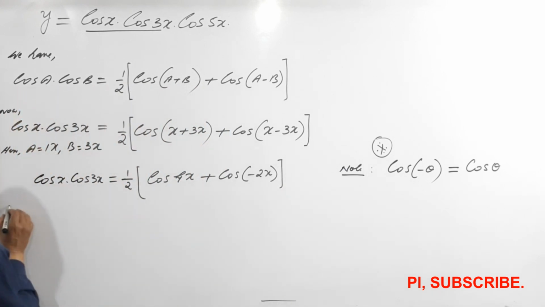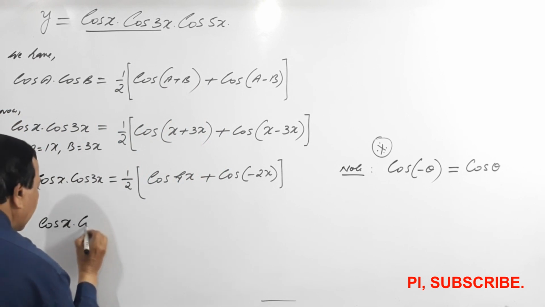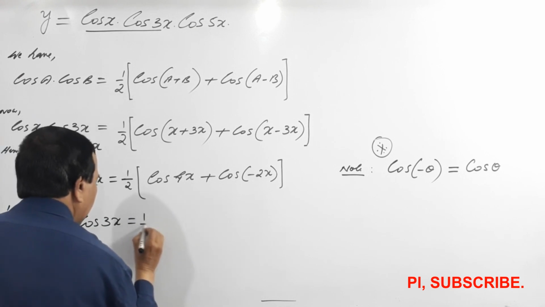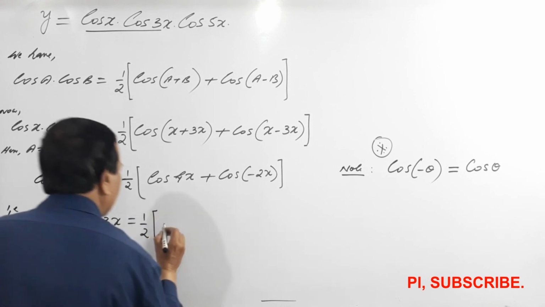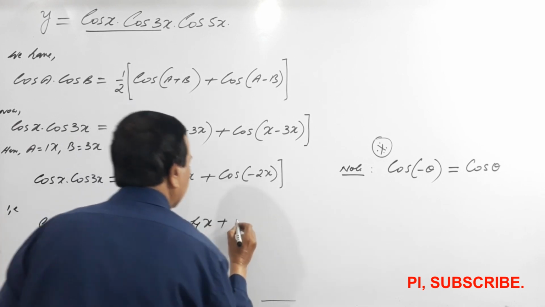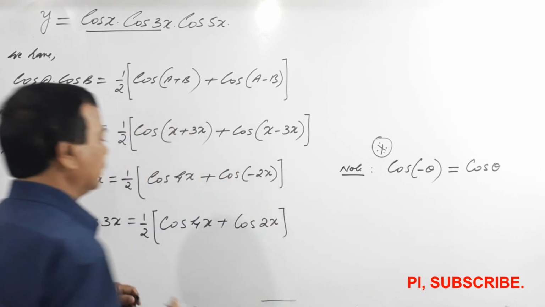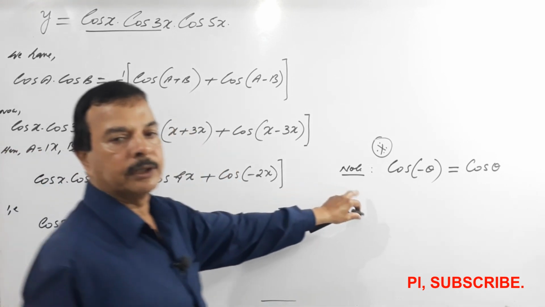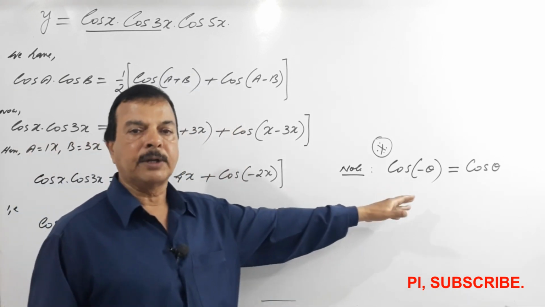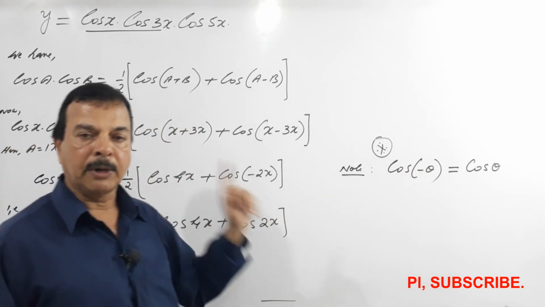That is, cos x into cos 3x equals half into cos 4x plus cos 2x. Now you are right, because you have mentioned this note. The examiner knows that cos of minus theta equals cos theta, and that you have used that concept. Now he will get full marks for this.